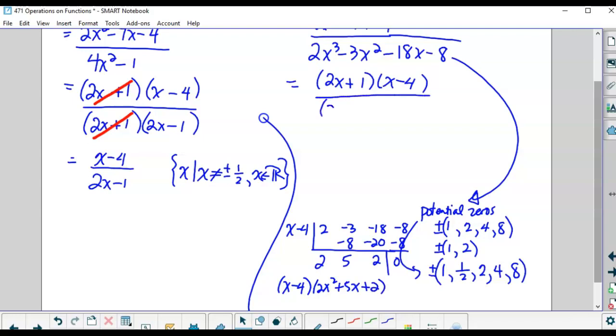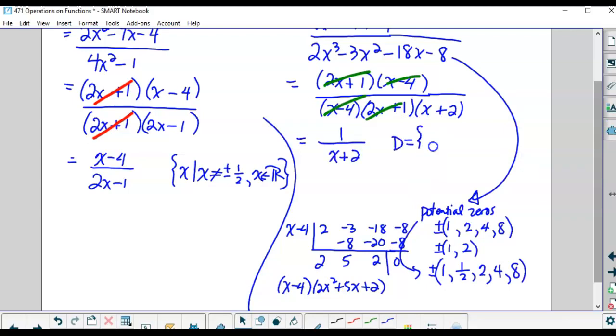So x minus 4, and that's going to factor to 2x, x, 4 and 1, so plus 2 plus 1. And then take a look. Both of these divide out. So we end up with 1 over x plus 2.